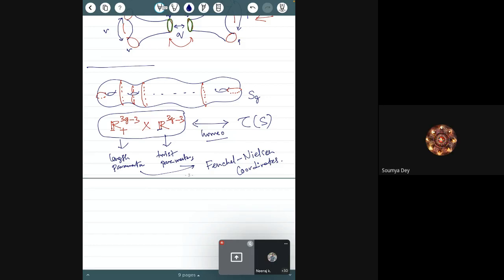He gave another definition of the Teichmuller space in terms of representations from pi 1 of S to PSL 2 R, namely discrete faithful. And from there he said that this sits inside as a quotient of PSL 2 R to the 2g. So the topology comes from there. Okay, thanks.